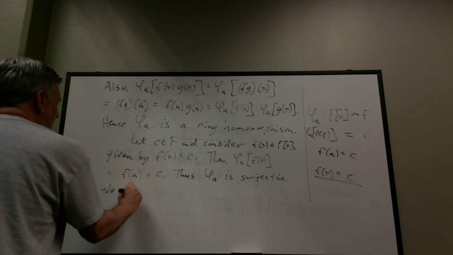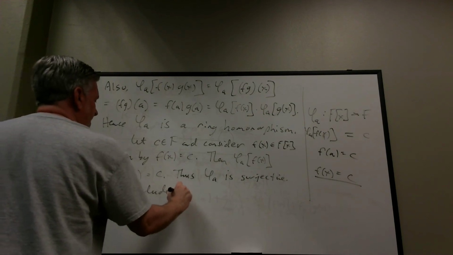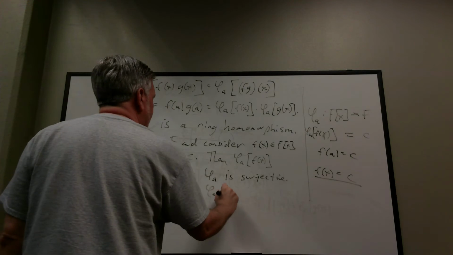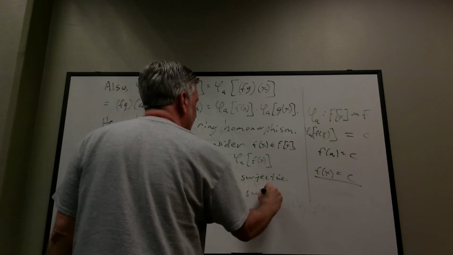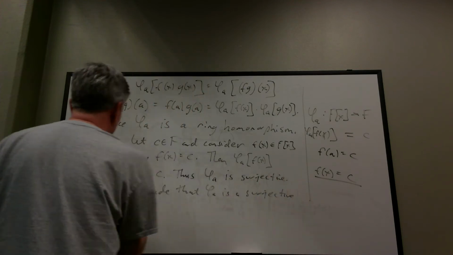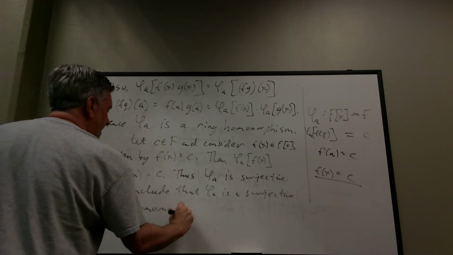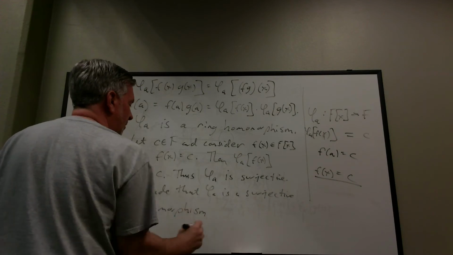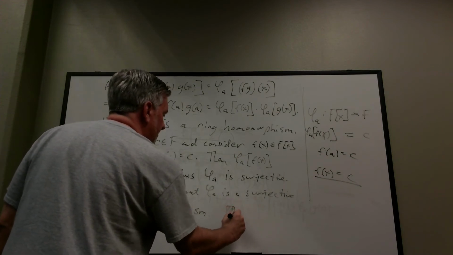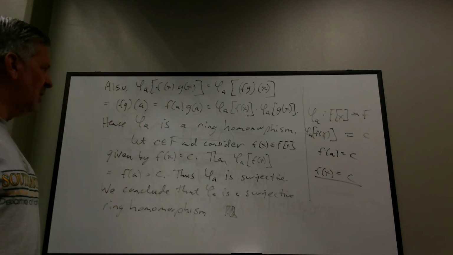So to end, we conclude that phi sub a is a surjective ring homomorphism. Okay, so there's my proof. That wasn't too bad.